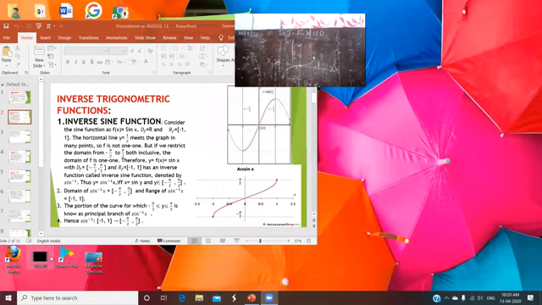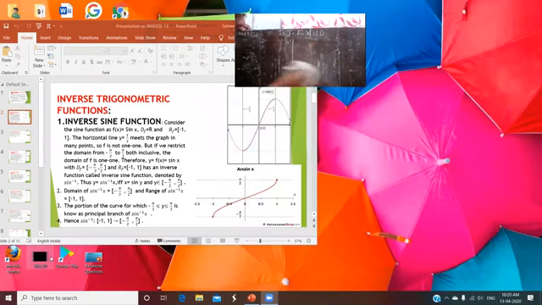This is the method to plot the graph, but you have to learn the domain and range of the sine inverse x function, and the relation between the sine function and the sine inverse function. All of this has to be learned by you.